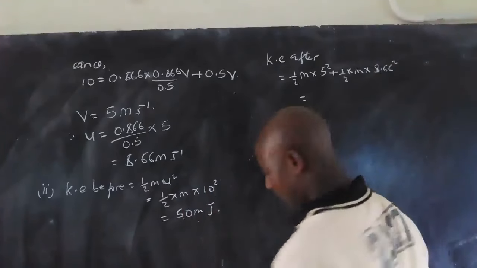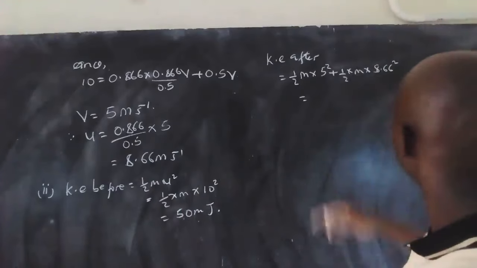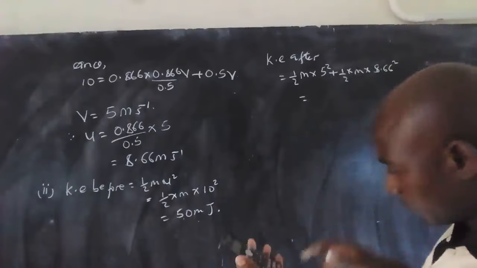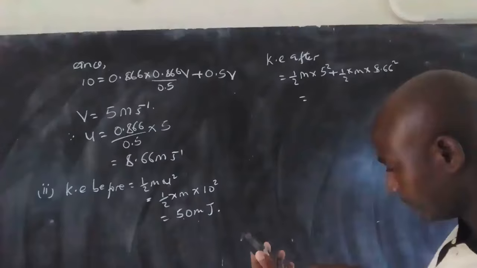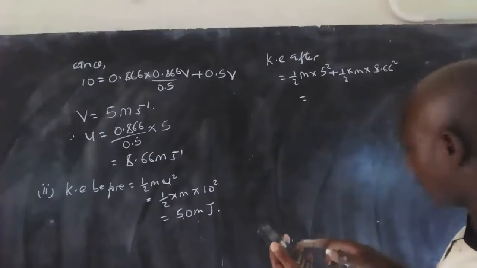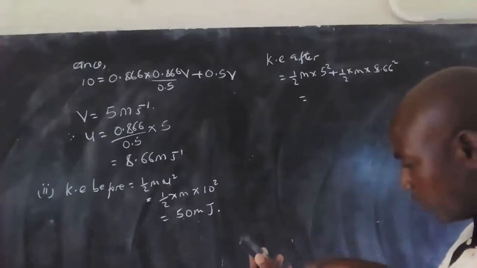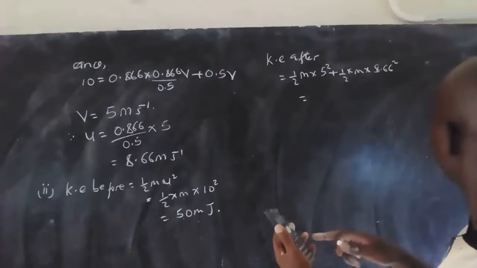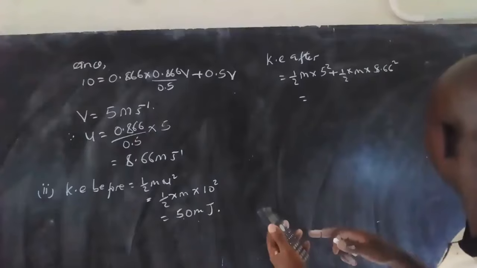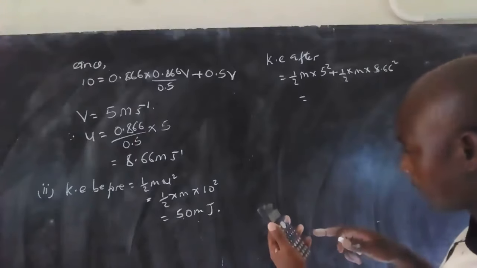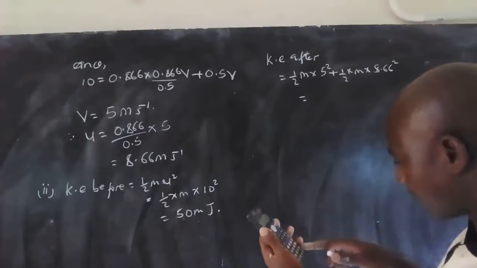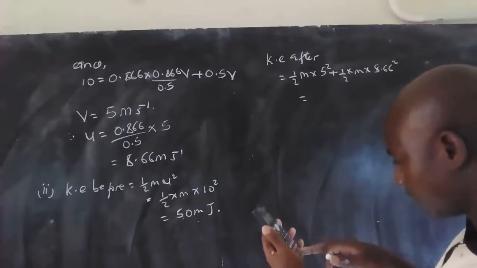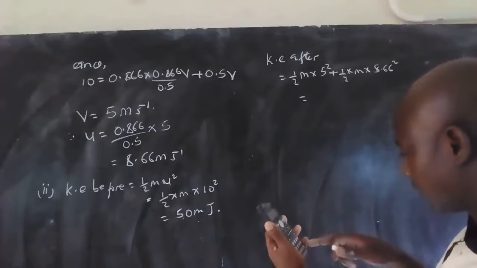What do you get? So this is 25, and 8.66 squared, then plus 25, divided by 2.